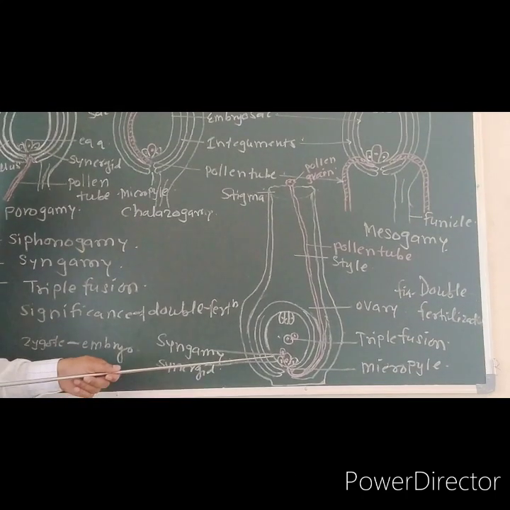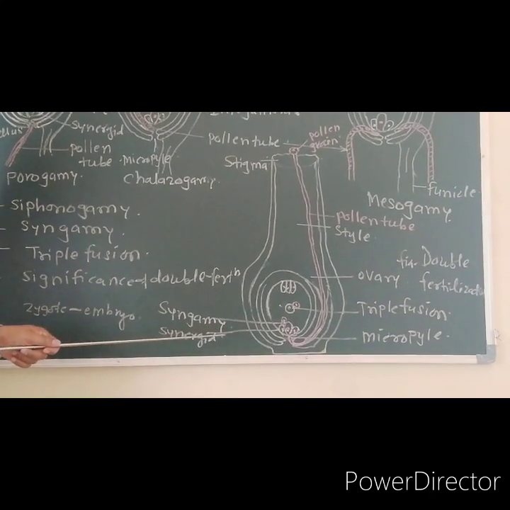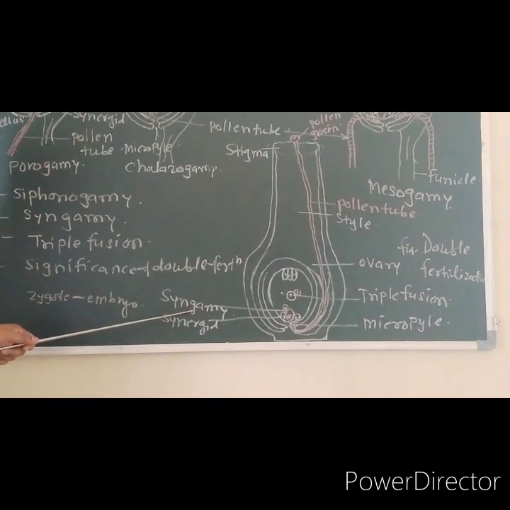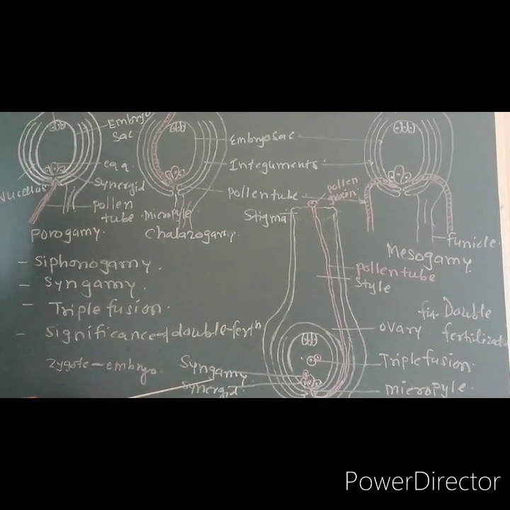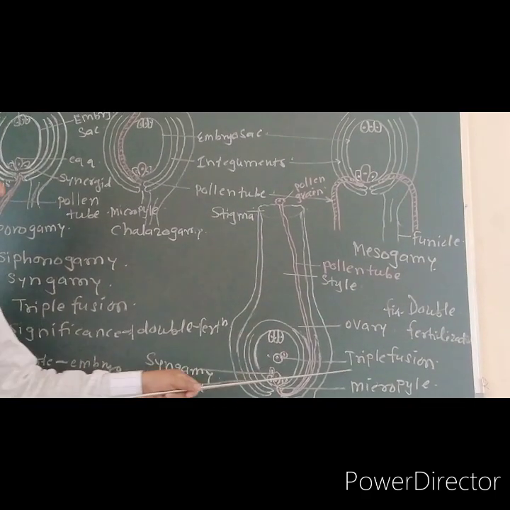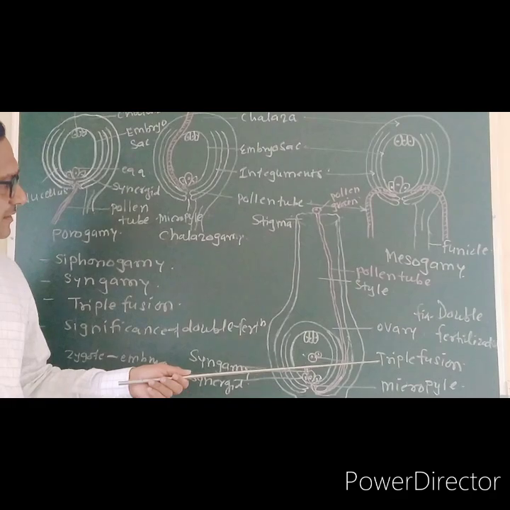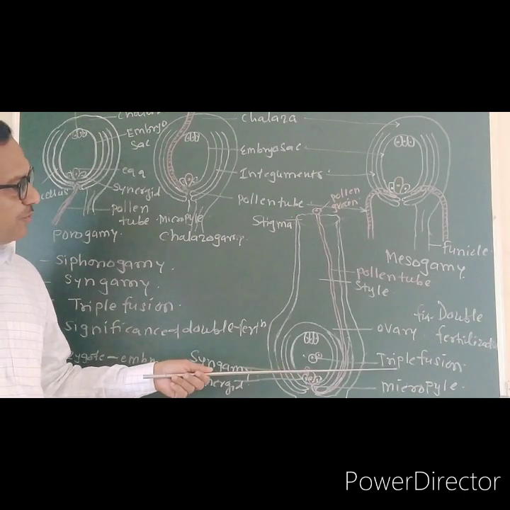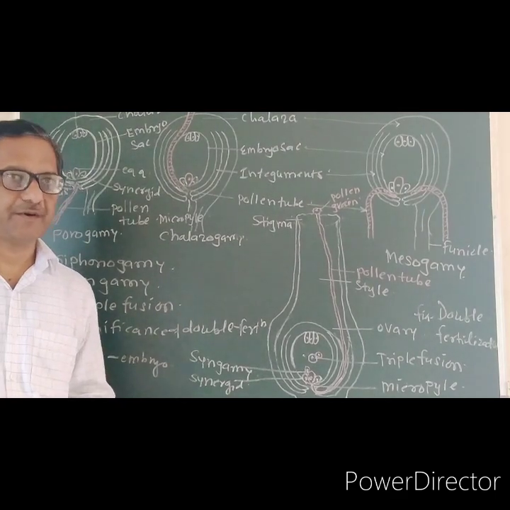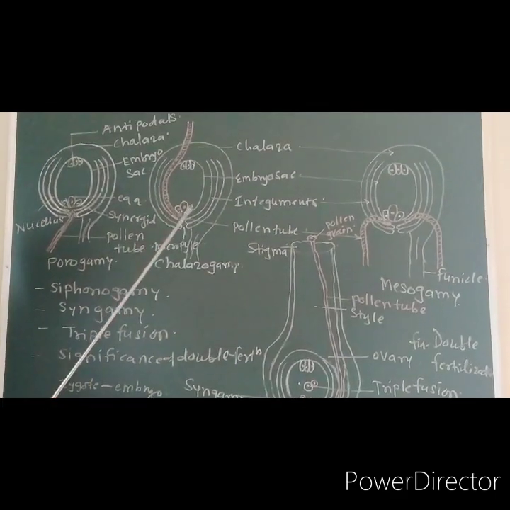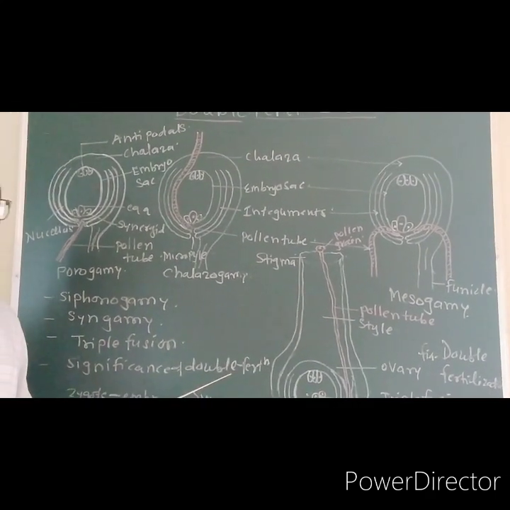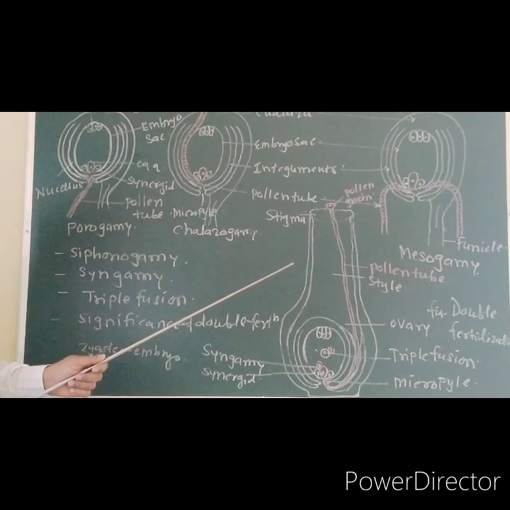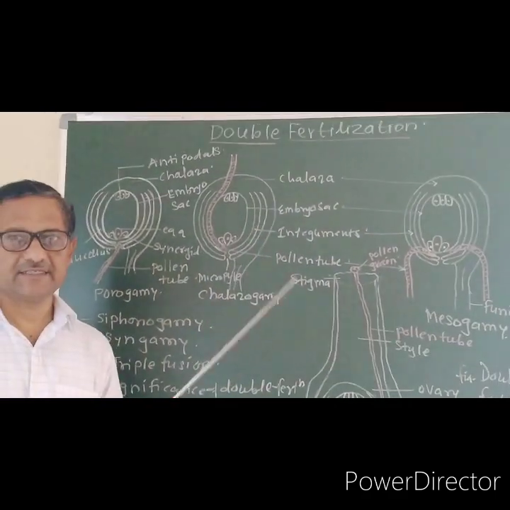Now the product of syngamy or fertilization is the zygote, and the zygote develops into the embryo, while the product of the triple fusion is the primary endosperm nucleus, and the primary endosperm nucleus forms the triploid endosperm. So in the process of double fertilization, both the male gametes participate in fertilization, therefore it is known as double fertilization.